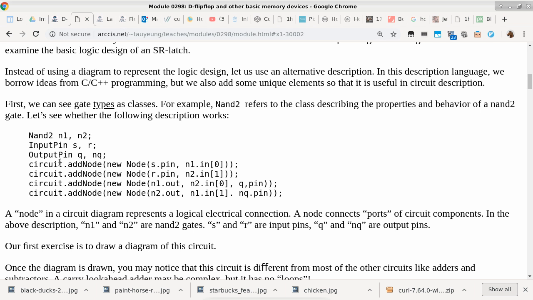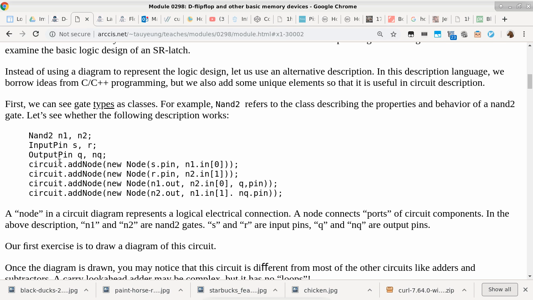Lowercase circuit represents the actual circuit that you're creating. The method add node adds a node. But in this case, a node does not mean the same thing as in 430 or 400. A node in this case is an electrical connection. So one node is one electrical connection, and the parameters passed to the node constructor are the things that we want to connect by that particular node.